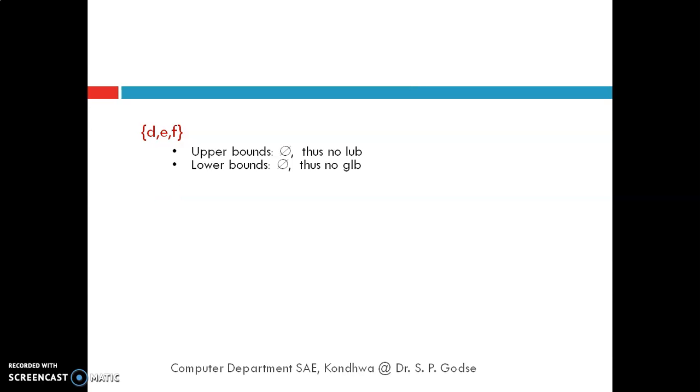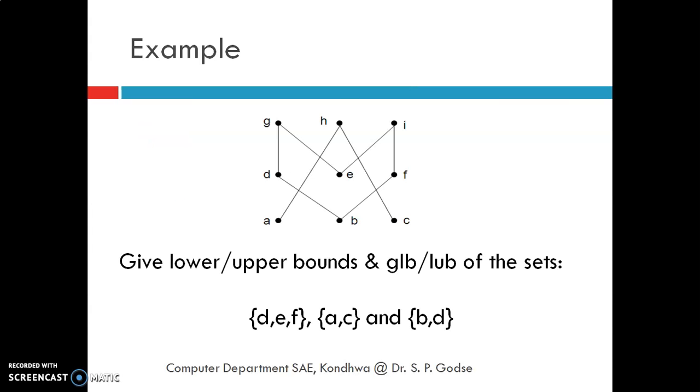Second subset is AC. In case of AC, if you see A and C, lower bound here is 5, so there is no question of greatest lower bound.